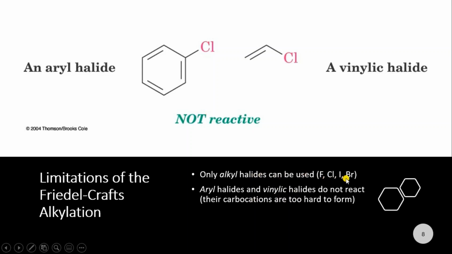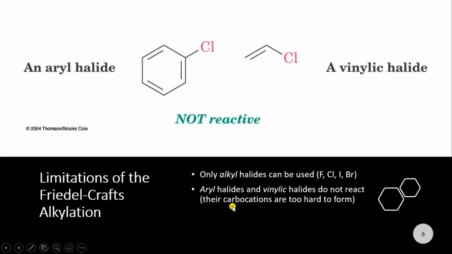And another thing is that aryl halides and vinylic halides do not react, because their carbocations are very unstable, and they are usually not formed during the reactions. So aryl halide and vinyl halide do not work for the Friedel-Crafts reactions, because once the carbocation is unstable, they wouldn't react.